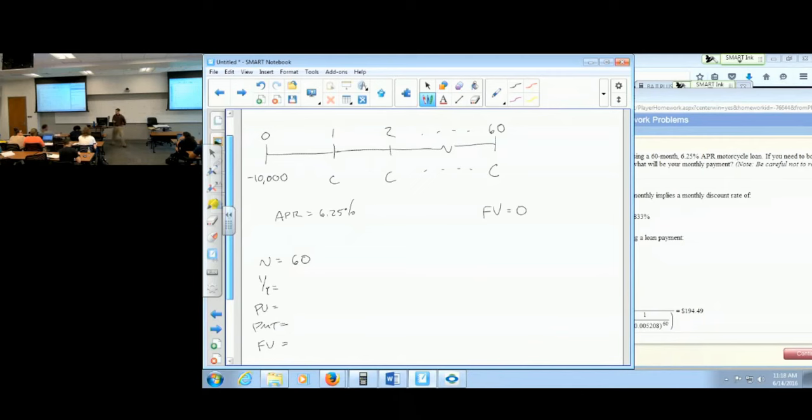Right? So I'm not plugging in APR. What I need to plug in is R, which is the APR divided by the number of compounding periods. And for this loan, the APR is 6.25%, and the number of compounding periods is 12.